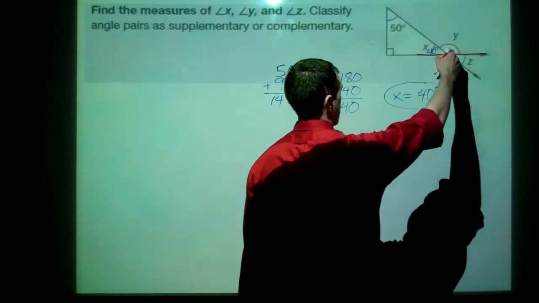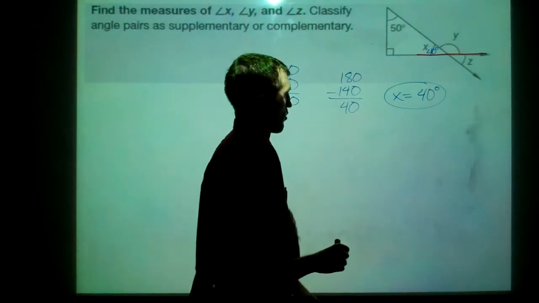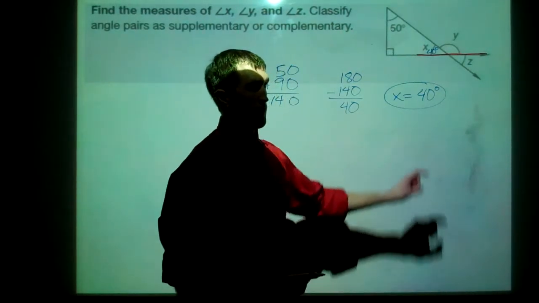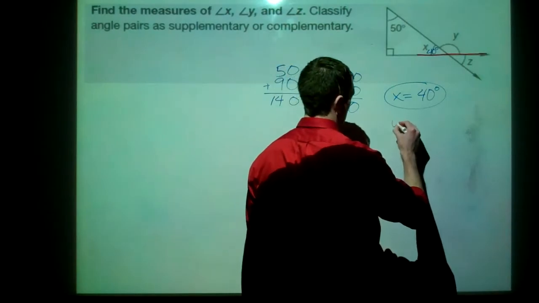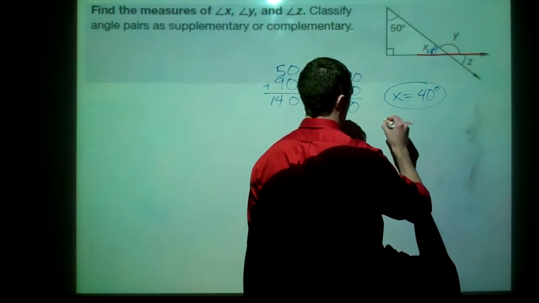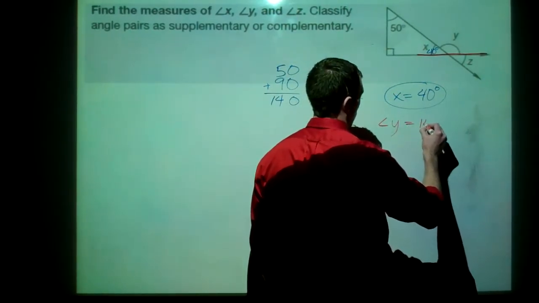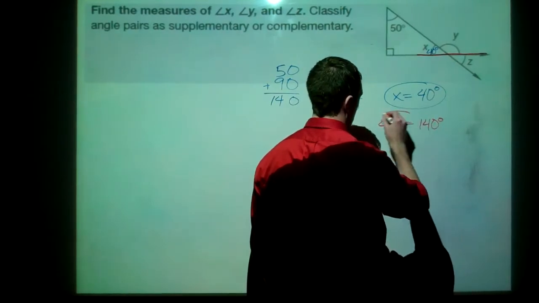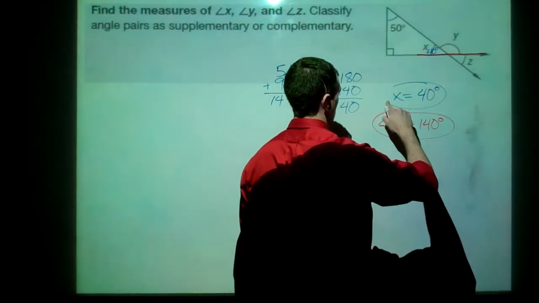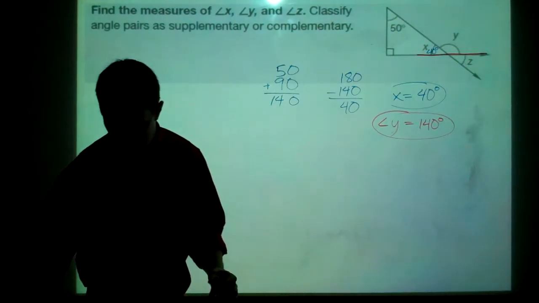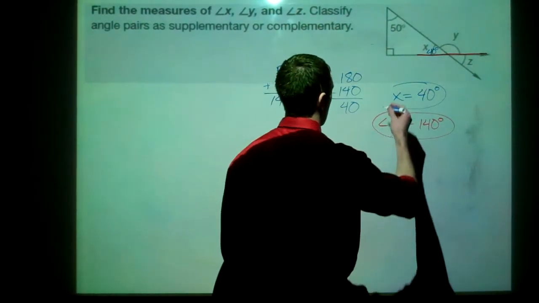So this has to be 140, because if we add 140 and 40, we get 180. So angle y equals 140 degrees. We should have an angle sign with that x too.